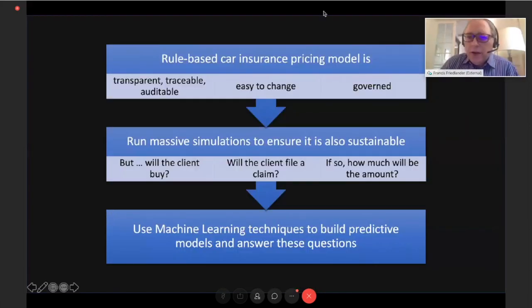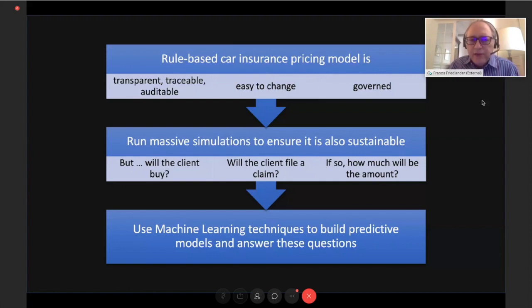So the business problem we are talking about today is how can I build a car insurance pricing model that is at the same time transparent, so that I can explain each pricing decision to a client, but also improve this model, and at the same time sustainable. So by sustainable, I mean I am not losing money with this, right? So you have to take into account the price.